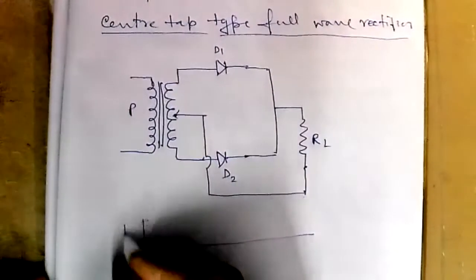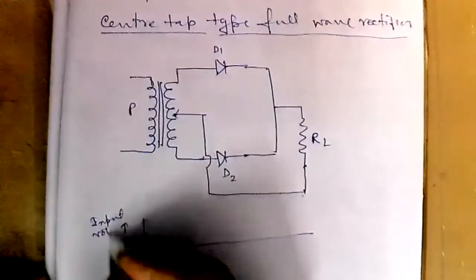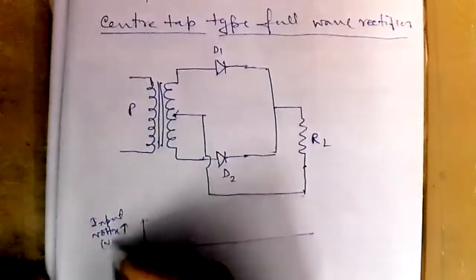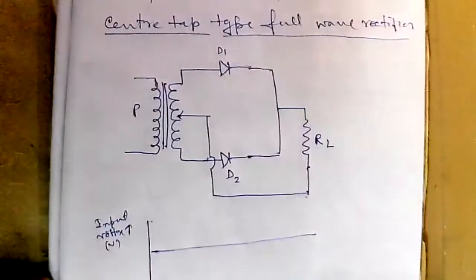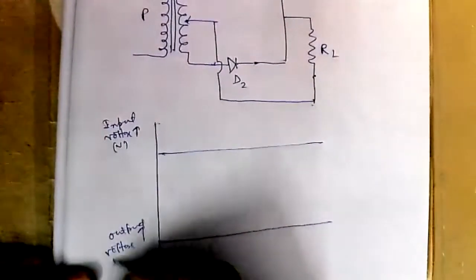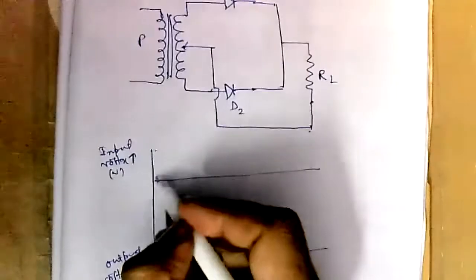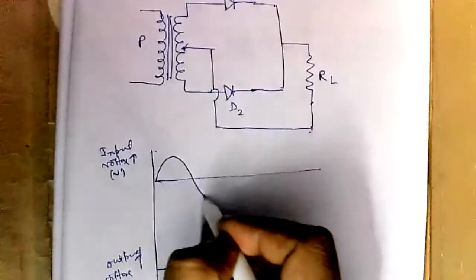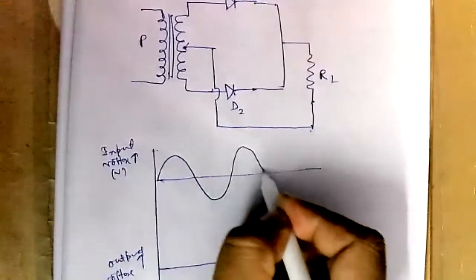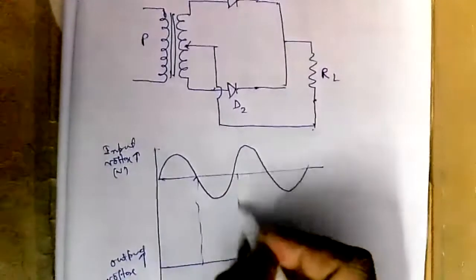This is the input. And here we will measure the output. So this is my input AC, and here I will plot the output.